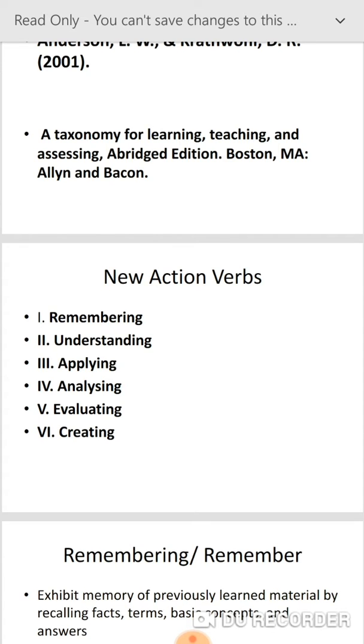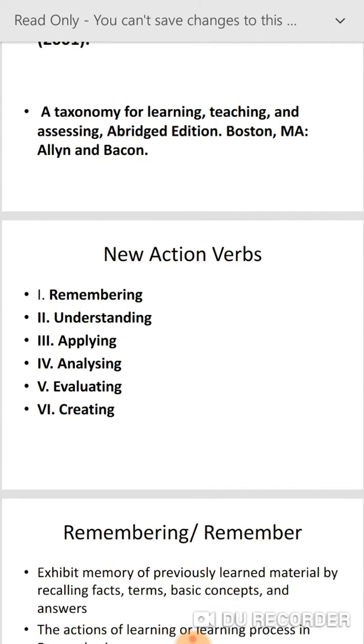Now, Krathwohl and Anderson introduced 6 new action verbs in the process dimension. These new action verbs were remembering. Remembering is established instead of knowledge. Another one is understanding.